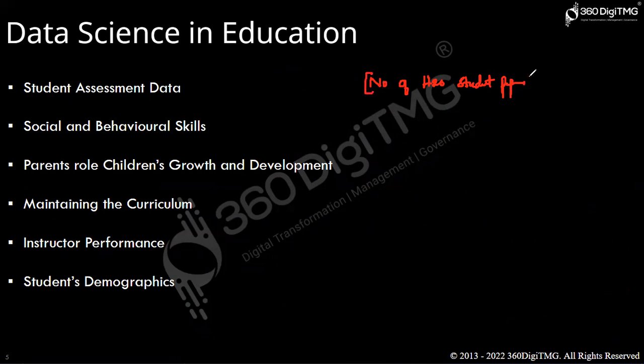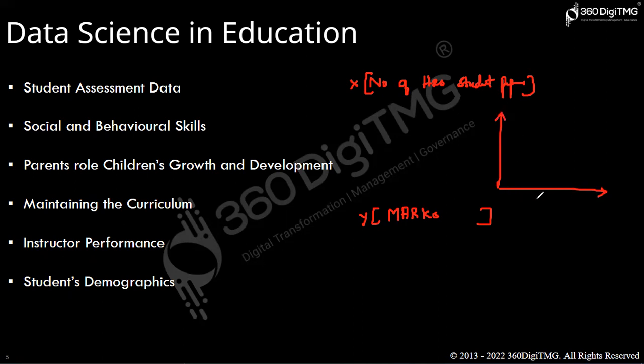Maybe this is my input data, X, and my output data Y is the student marks. Generally, we are going to see how these are related to each other: the number of hours a student prepared and the marks.